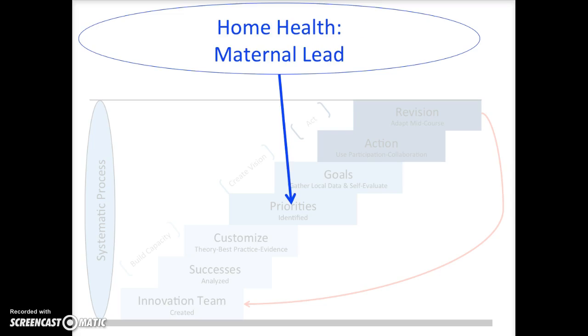So out of those discussions, they identified the priority of home health literacy-based training. The literacy that the women wanted and were requesting was based on how to care for their young children and their pregnancy.